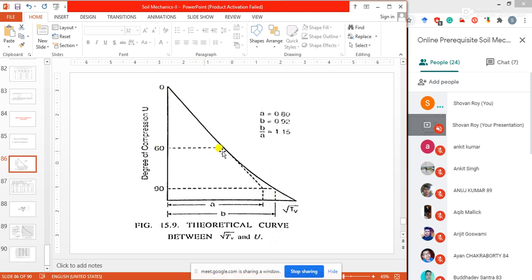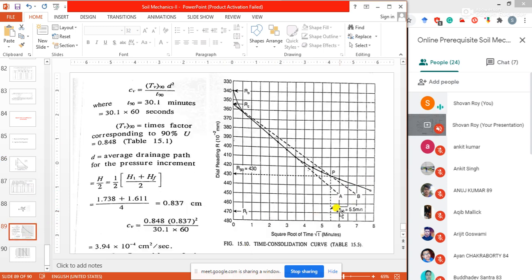I have already told that the 60 to 90% value, U60 to U90, is the actual line, and this is the straight tangent line. This difference is 1.15.